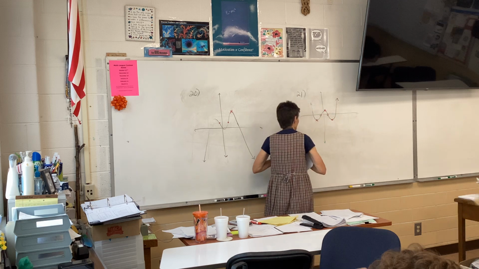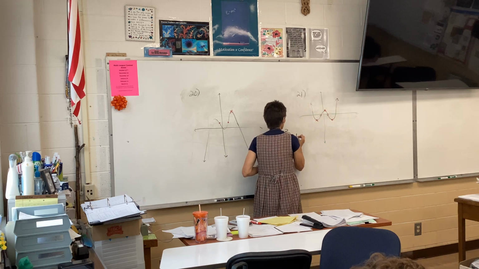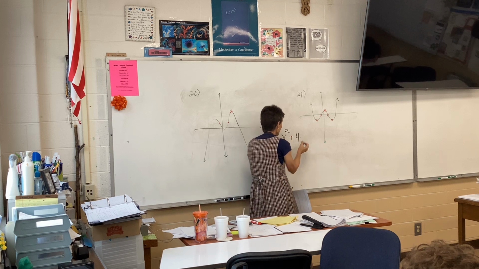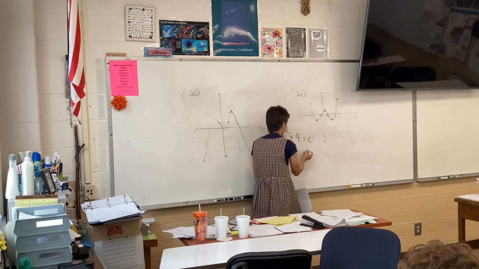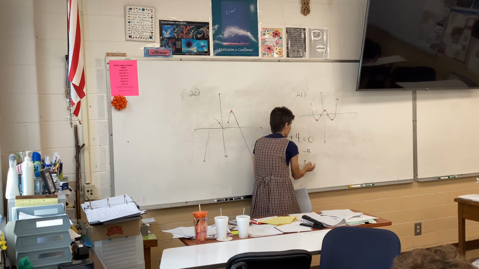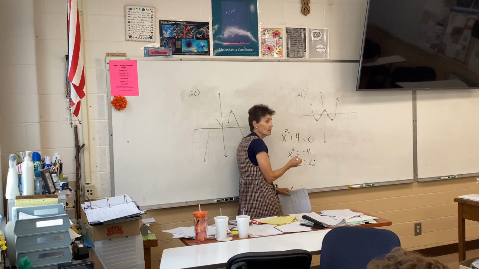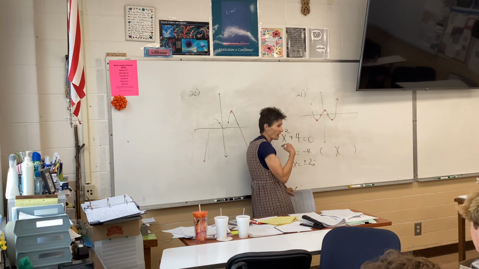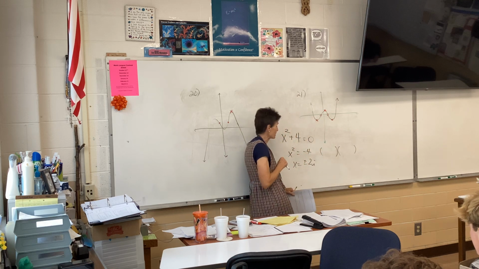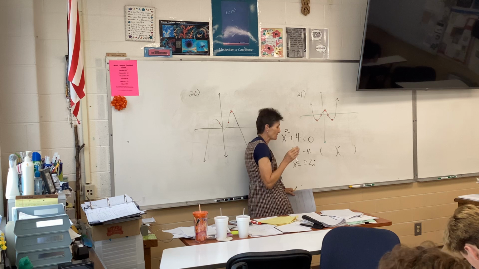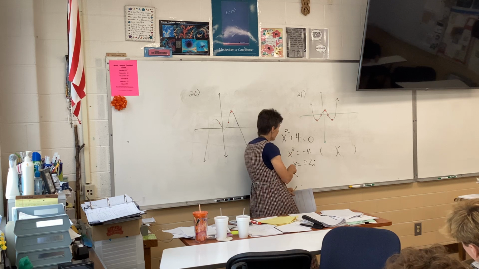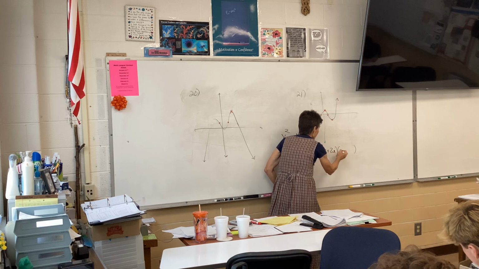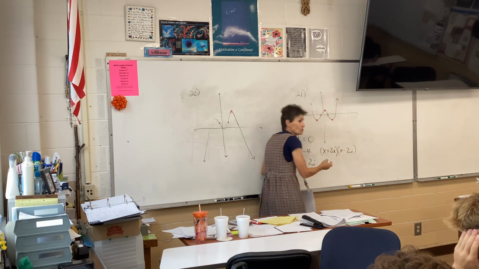Not over the real numbers, but if we were looking for the zeros, wouldn't we set that equal to 0 and solve and get plus or minus 2i? So what could the linear factors be if we were allowed to use imaginary numbers, and polynomials have imaginary roots sometimes? What would these factors be? x plus 2i and x minus 2i?